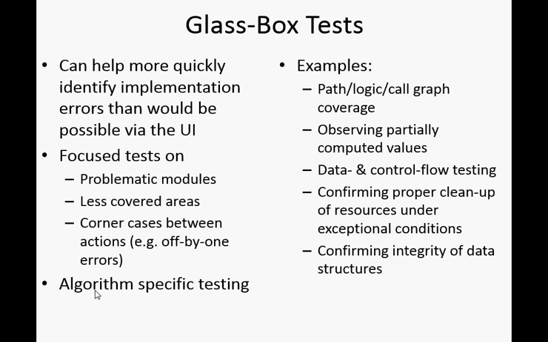And we're going to be talking in the next few lectures about things like path and call graph coverage that will provide principled ways of taking your system and breaking it up in a way that a test might systematically exploit. And you're going to try to define test cases that will cover a lot of portions of your system.